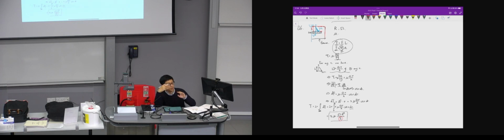You must have that r included in your integration. Say we have T, torque, equals dF times r.